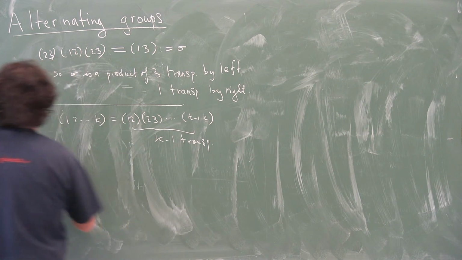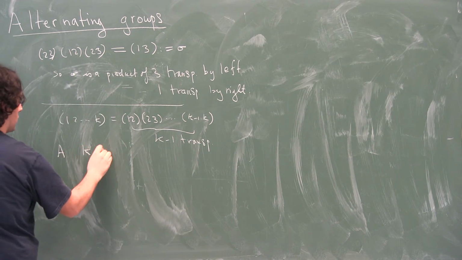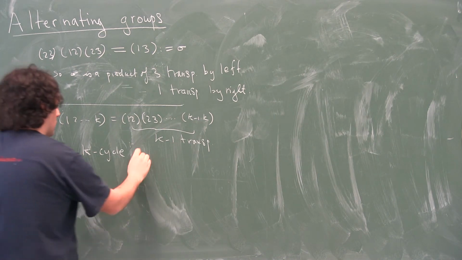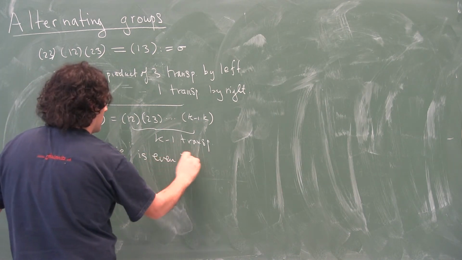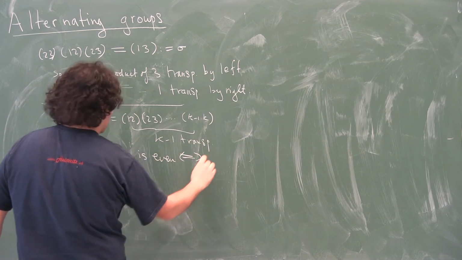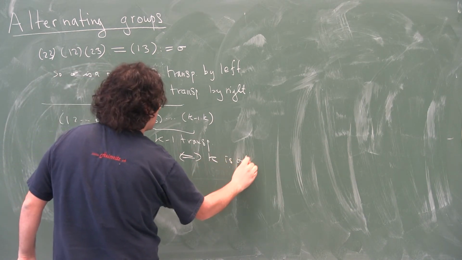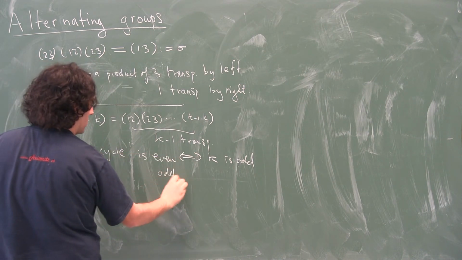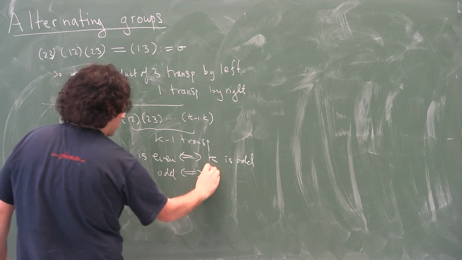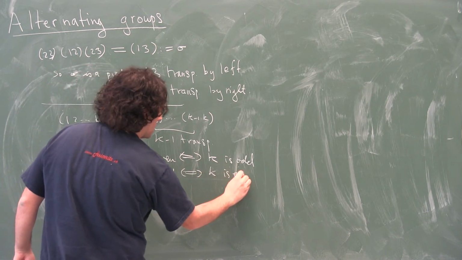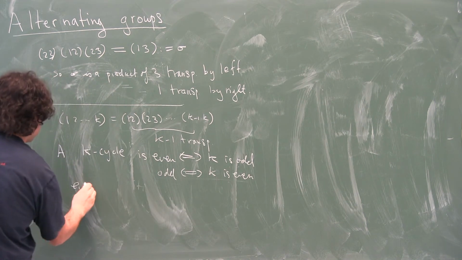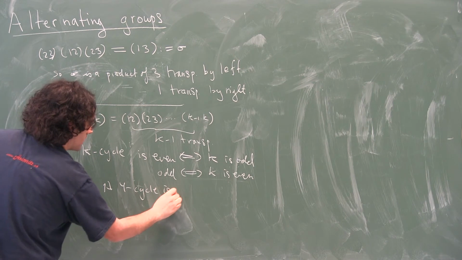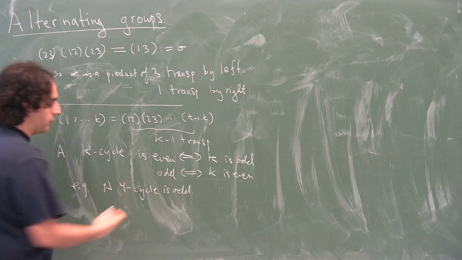So what this is telling us is the following: a k-cycle is even if and only if k is odd. And so, since there are only 2 choices, a k-cycle is odd if and only if k is even. So a 4-cycle is odd. 4 is even, a 4-cycle is odd.